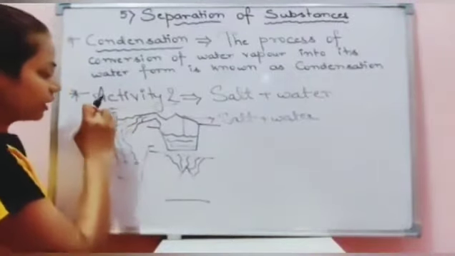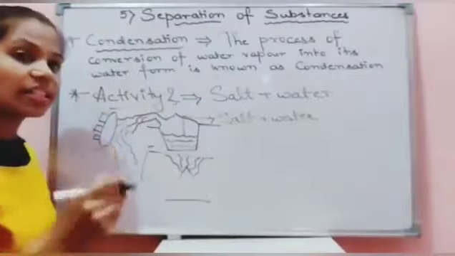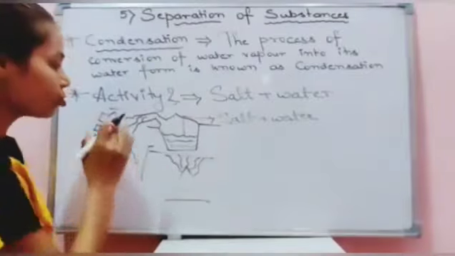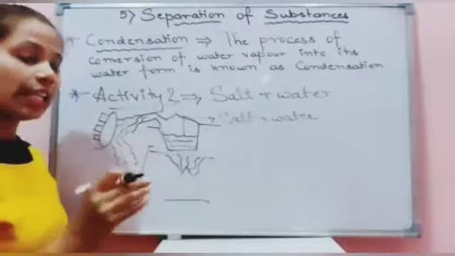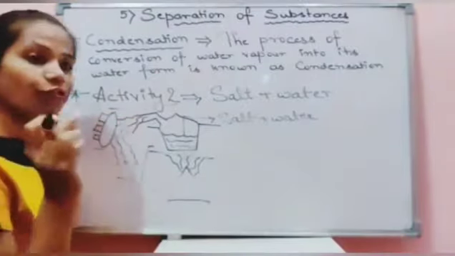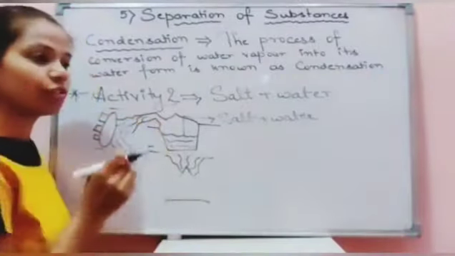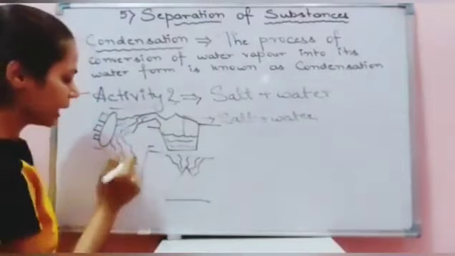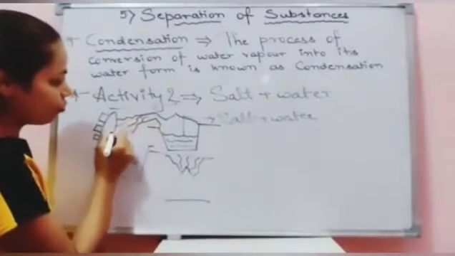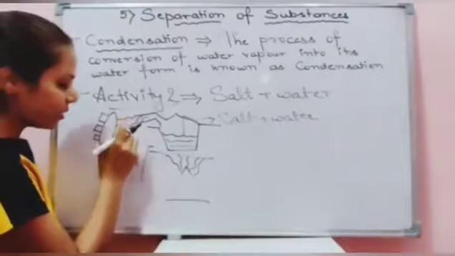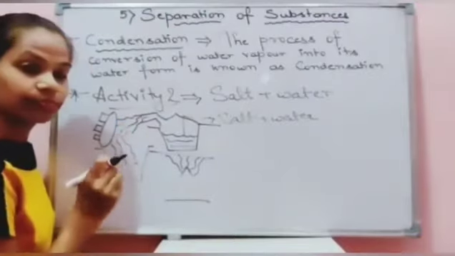That cover contains ice cubes over it. So what will it do? It will start cooling the fumes which are coming out of the spout. And as soon as the water vapor gets cooled, it starts condensing.